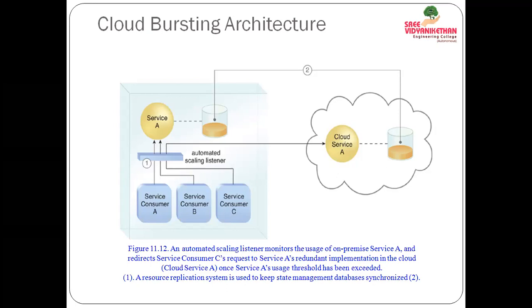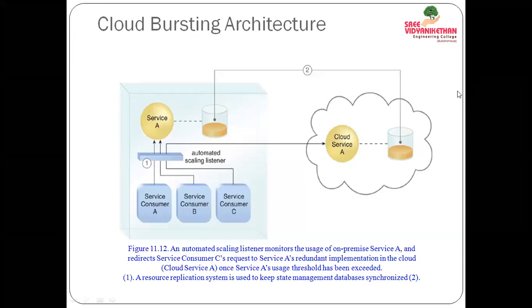Now, how much load can the bursted service take in? Again, there is a limit here: not all the service load can be handled by the service instance that is bursted out.